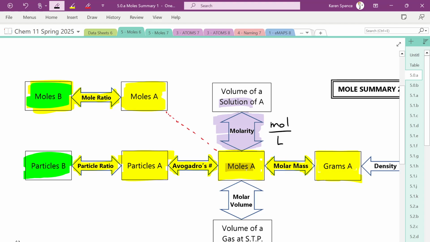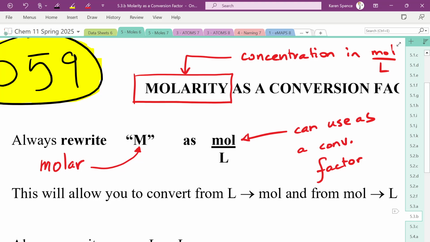It allows you to convert between moles and volume, which is measured in liters. So that's our new pathway that we can use. This allows you to convert from liters to moles or from moles to liters.